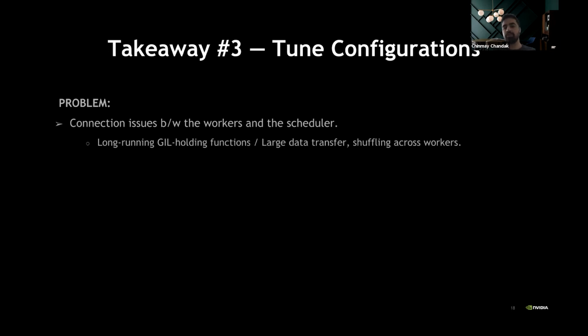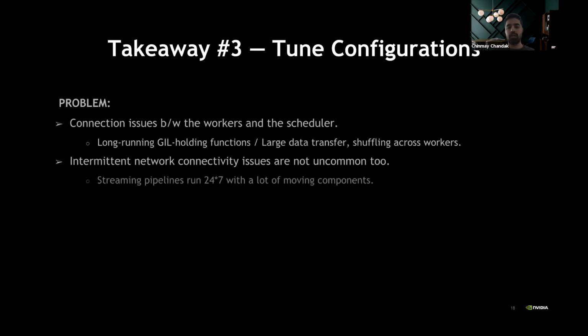That might happen because of large-scale data transfer or data shuffling across the workers, or there might be expensive functions that are holding the GIL. There might also be network connectivity issues. As I said, the pipelines run 24/7, and there's Kafka, there's downstream, there's the GPUs, there's Dask, there are a lot of workers that might scale up and down.